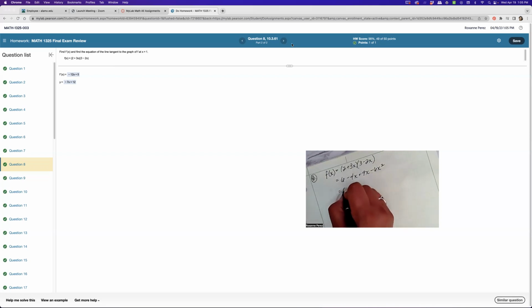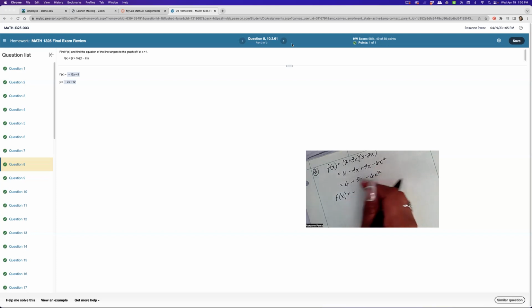Collect like terms, 6 plus 5x minus 6x squared. Okay, and let's just rewrite this in order of decreasing powers. So minus 6x squared plus 5x plus 6.